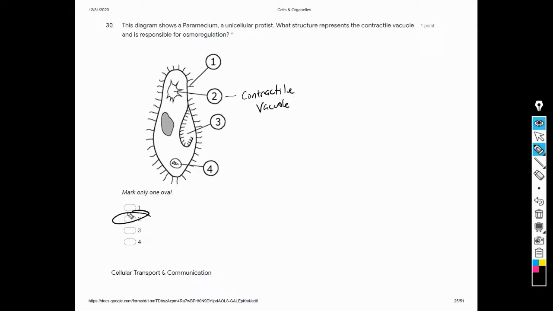And that is the correct answer here, because the contractile vacuole expels water and prevents the cell from bursting. And so sometimes it looks like this, and then sometimes it will be kind of this star-shaped structure. But you can see kind of the outline of it there. And so as water flows in to the cell, then the contractile vacuole squeezes and expels the water, preventing the cell from bursting.